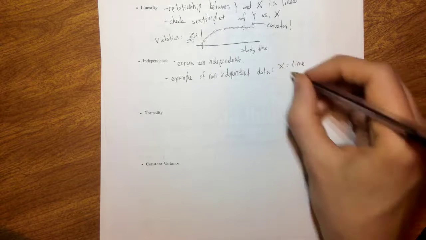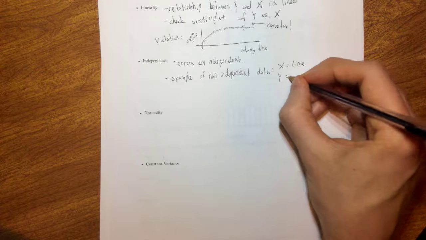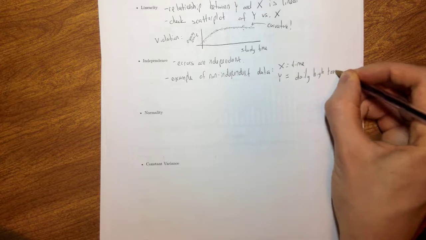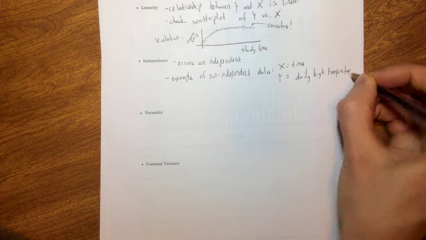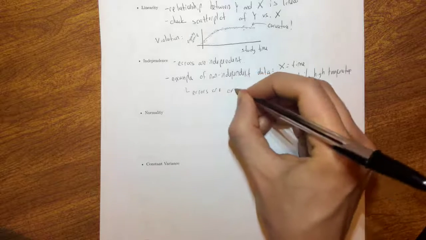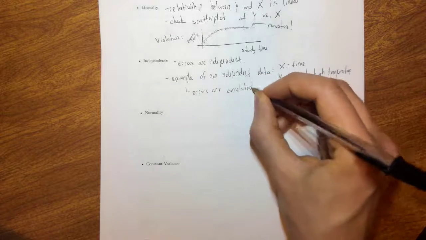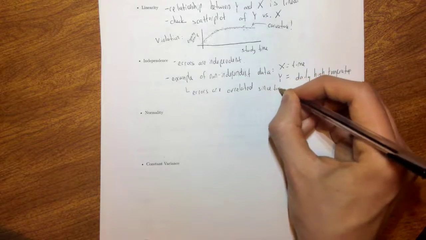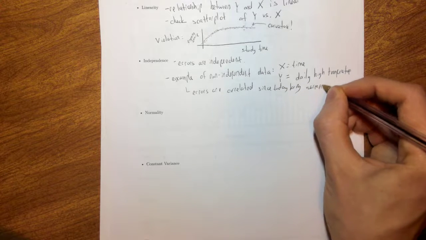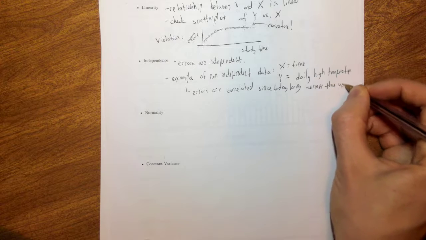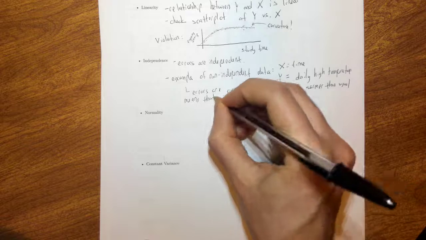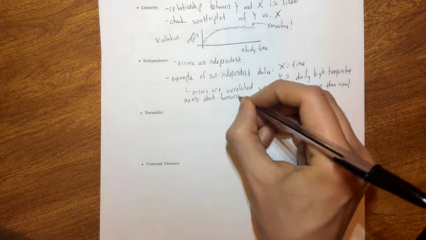If you graphed x as time and y as the daily high temperature, then we're just going to note that the errors are going to be correlated, since today being warmer than usual just means that tomorrow is likely to be warmer than usual.